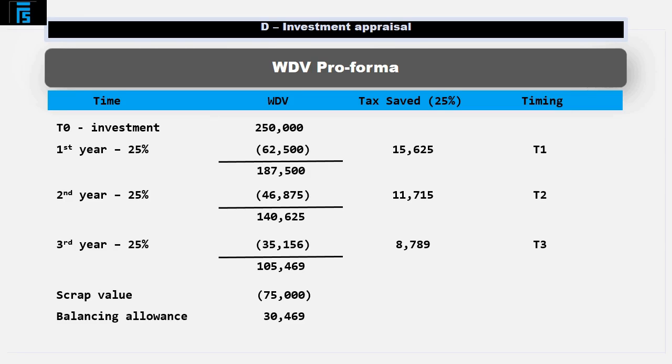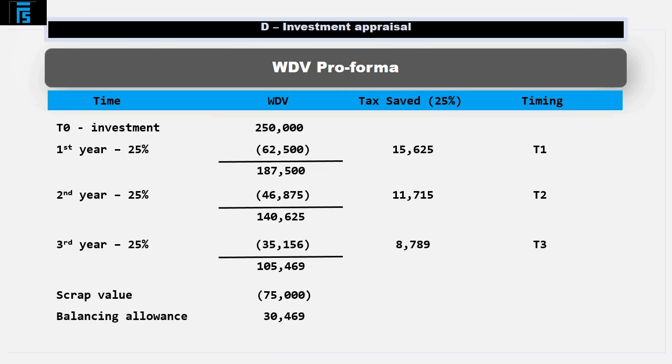We compare this to the tax written down value of $105,469. The difference of $30,469 is the equivalent of a loss on disposal for tax purposes. This is known as a balancing allowance. If it had been a profit on disposal, it would have been a balancing charge.